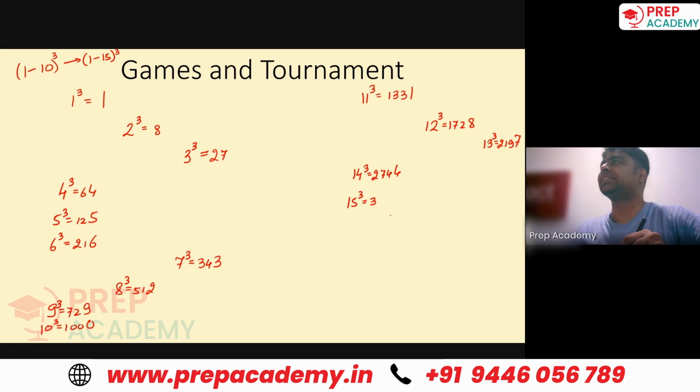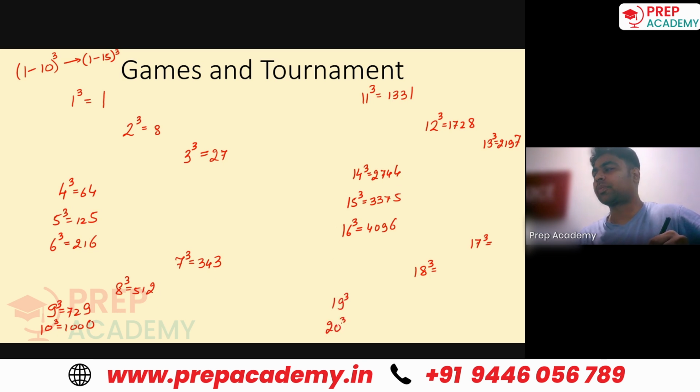What is 15 cube, guys? 3375, yes. Okay. 16 cube is 4096. 17 cube, I don't know. 18 cube, I don't know. 19 cube, I don't know. But 20 cube, I know. It would be 8000.